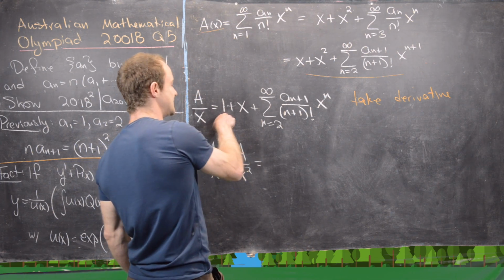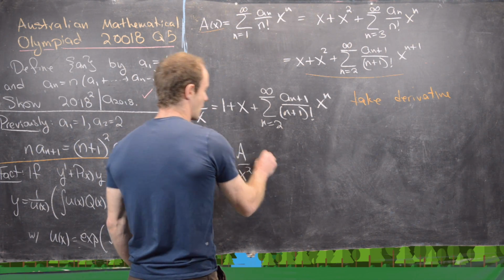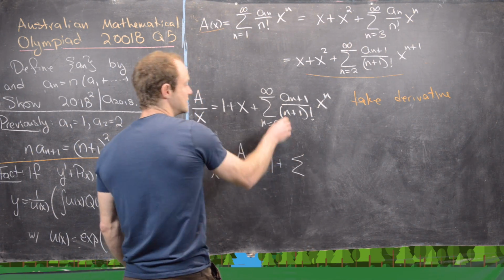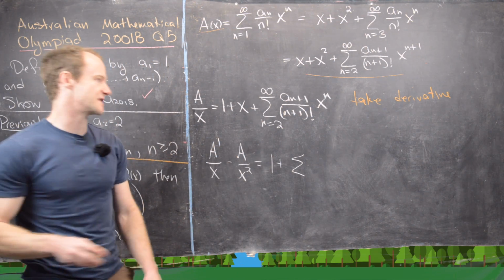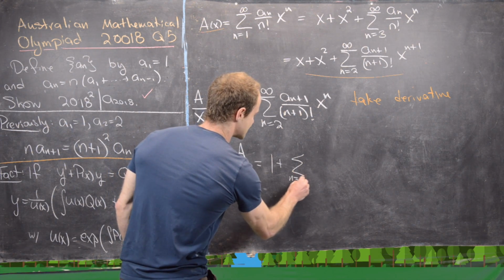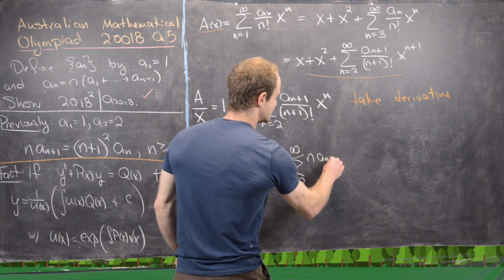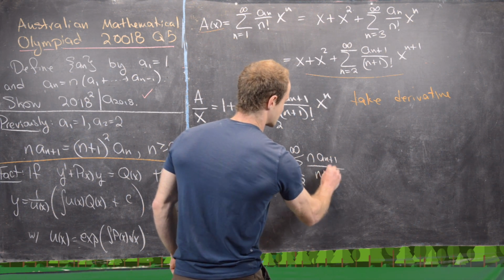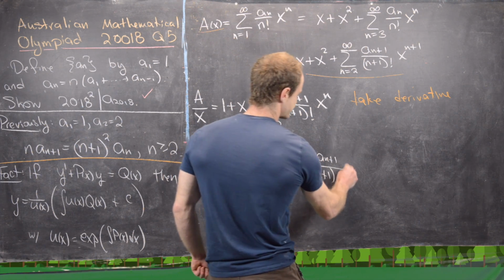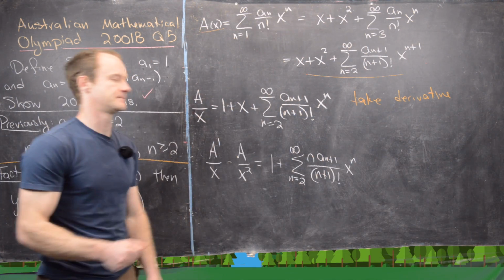That's going to be equal to 0 plus 1, so we've got 1 plus, and now we can do term by term differentiation on this series. So that's going to be the sum n equals 2 to infinity of n times a sub n plus 1 over n plus 1 factorial x to the n.